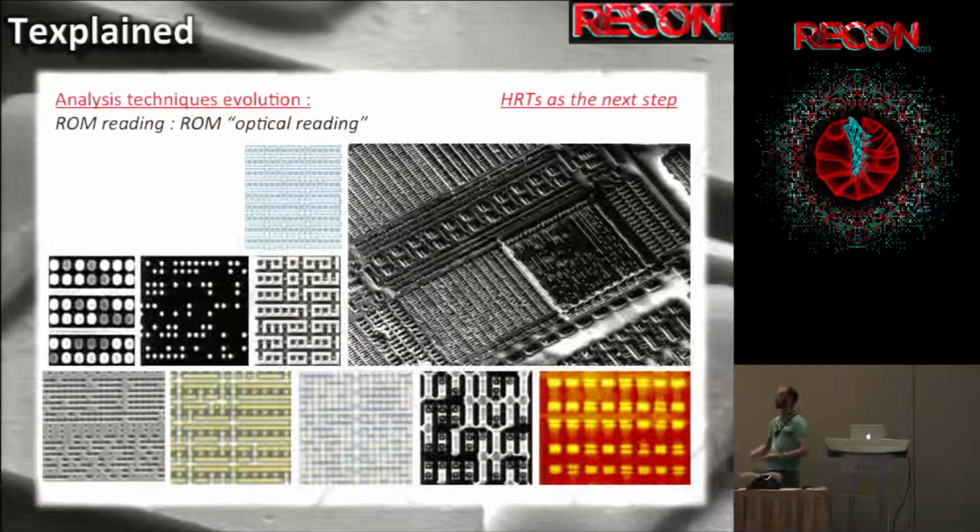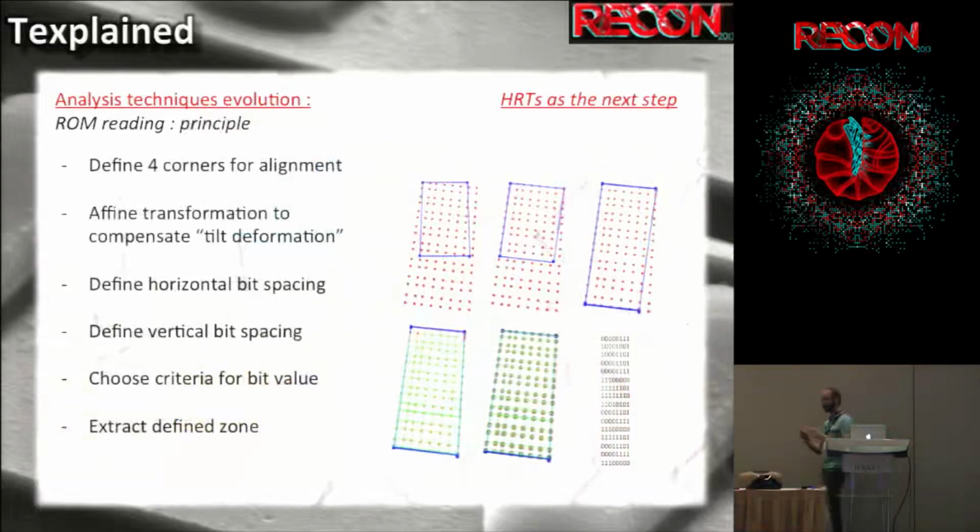So these are some pictures with different techniques, different kinds of ROMs, just to illustrate that. But you have to read them. To read a ROM, usually you prepare your chip to reach the bits, and then once you have them, you take the pictures, you put them together, and you write software where you select the points to compensate the rotation.